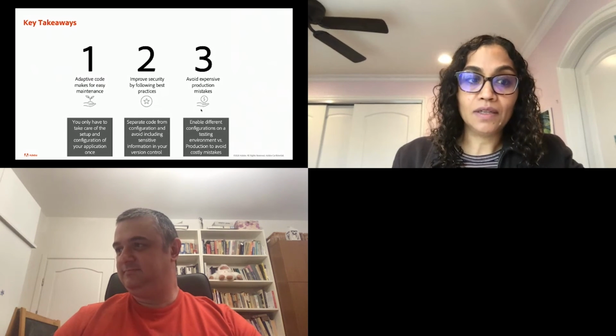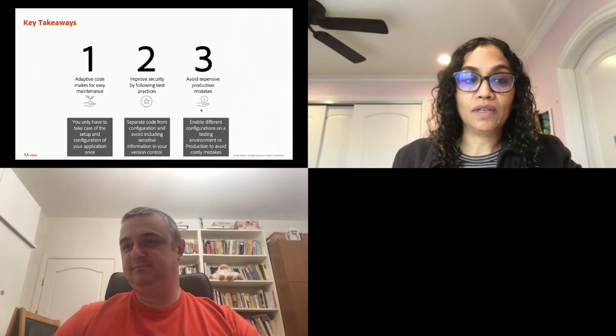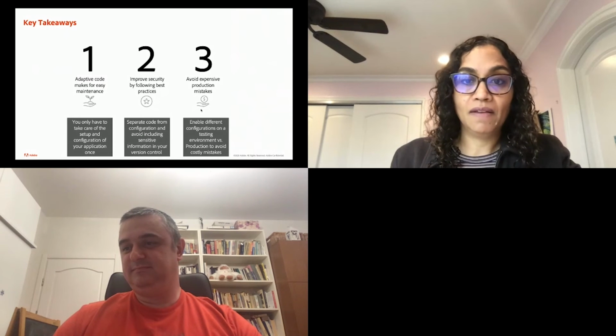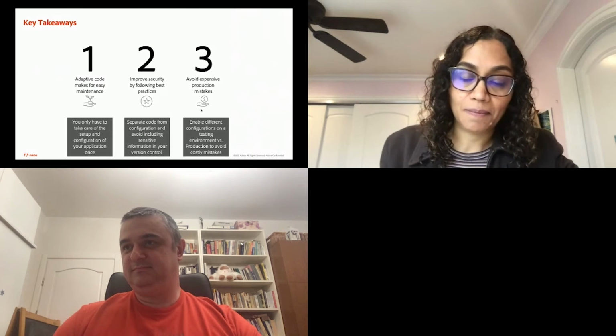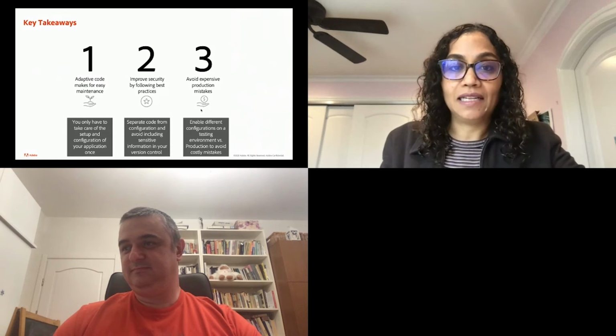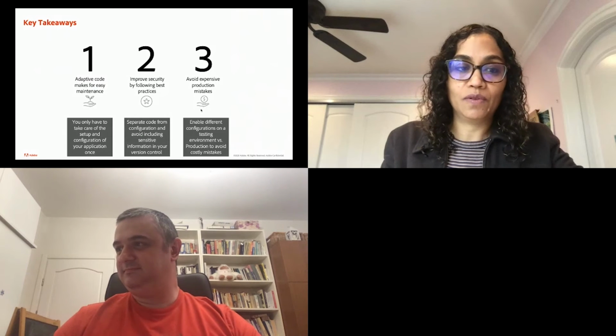And 3, you can vary the behavior on testing or dev environments versus production or stage environments and avoid expensive or embarrassing mistakes. With that, I'd like to open the session up for Q&A.